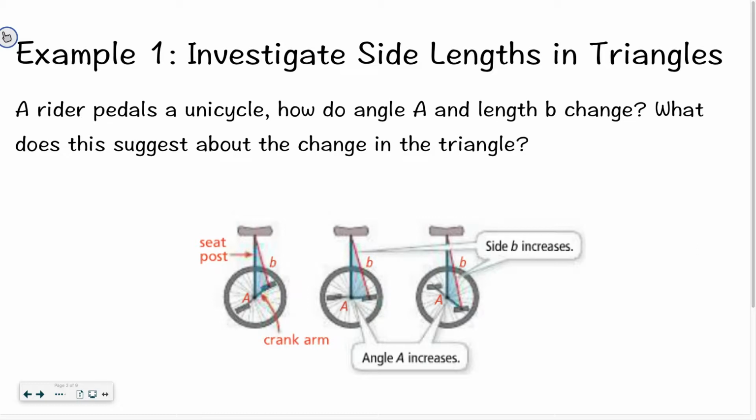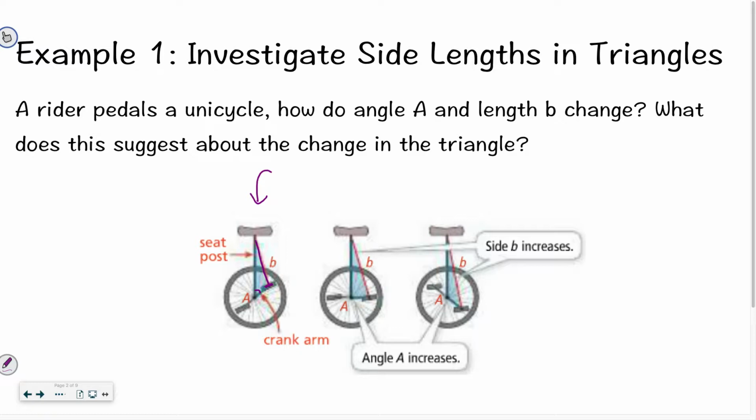So if we have a rider that is pedaling a unicycle, how do angle A and the length of B change? What does this suggest about the change in the triangle? If we look right at this first unicycle, you can see that the pedal is up, which means that this angle is smaller and this side is smaller.